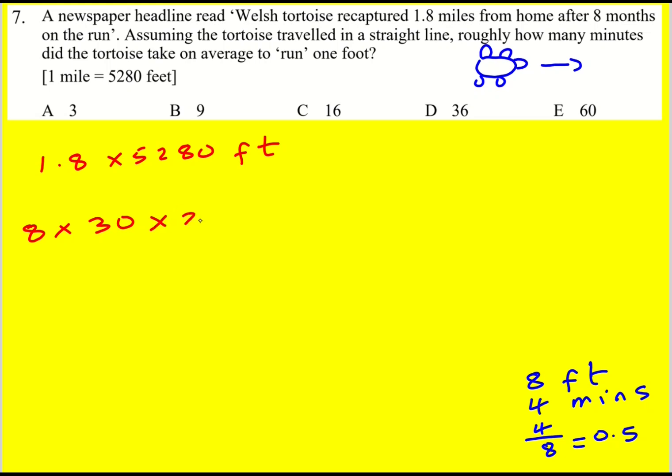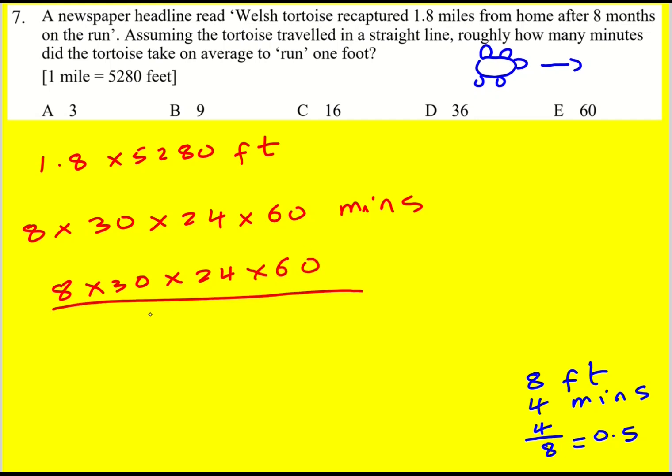And then 24 hours in a day, so this is the number of hours in total. Finally, times by 60, that is the number of minutes. And now I can take that 8 times 30 times 24 times 60 and divide by 1.8 times 5,280.